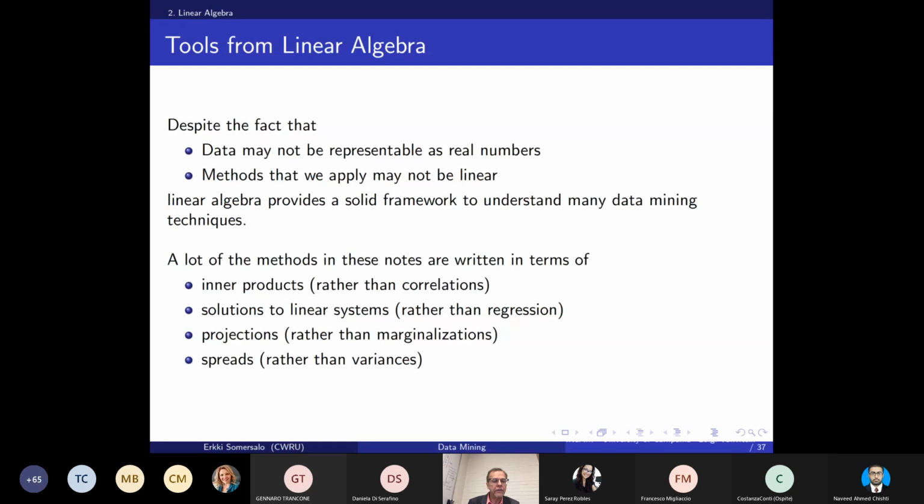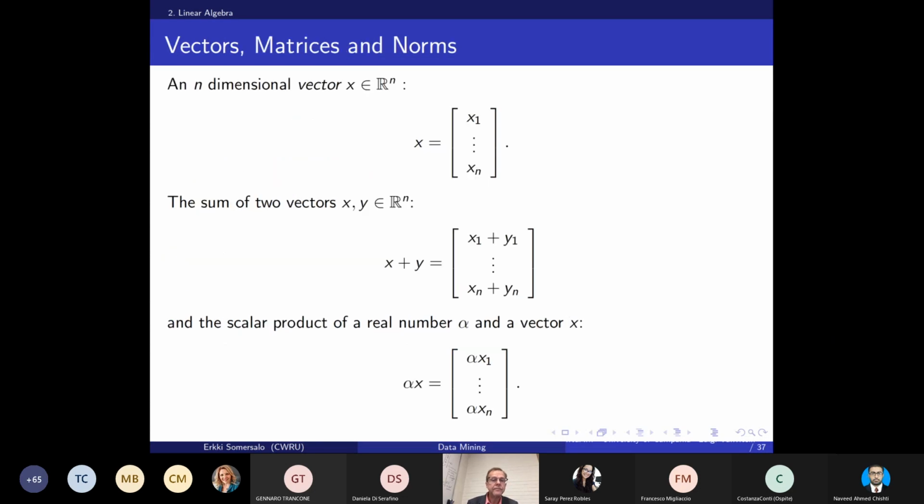We are not talking about variances of the data. We are talking about spread, so how wide the data set is, etc. So there's a clear connection with statistics, but this course is not mixing with the terms of statistics. So this is strictly staying on the, let's say, non-statistical language, which is leaning on linear algebra.